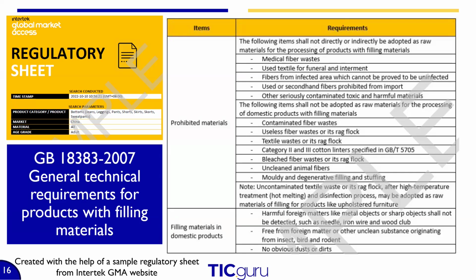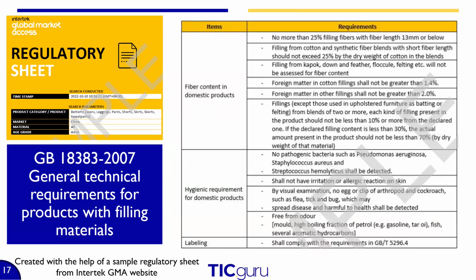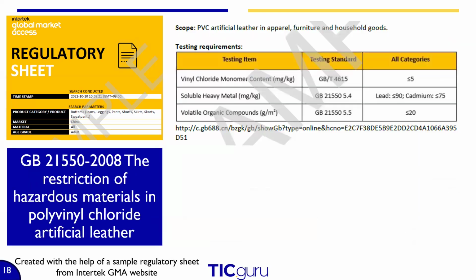We have the GB 18383, which is for products with filling materials. Just like earlier methods, this goes on to define what is prohibited and the other do's and don'ts for such products. Example, this detail talks about labeling, and you can read through various details that the standard has in its place.